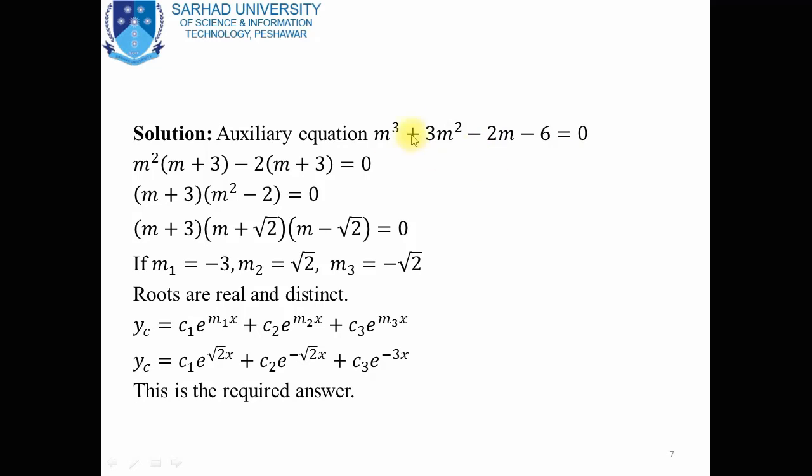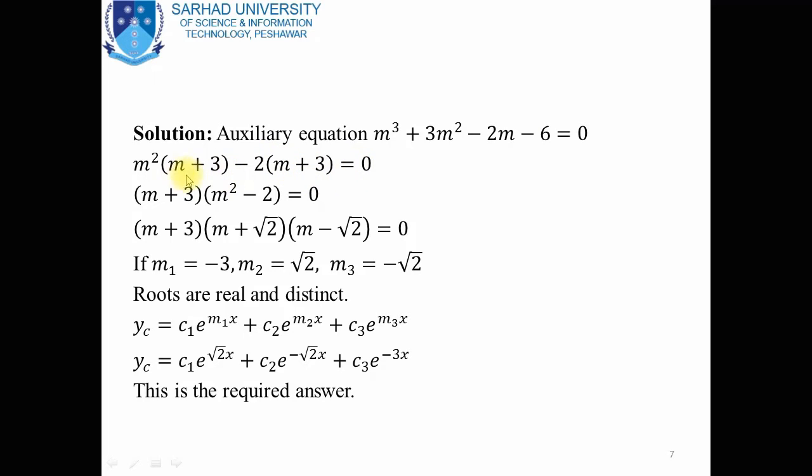Now to factorize this auxiliary equation, to find the roots, take m square common from these two terms. We can write m square into (m plus 3), and taking common minus 2 from these two terms, minus 2 into (m plus 3) is equal to 0.